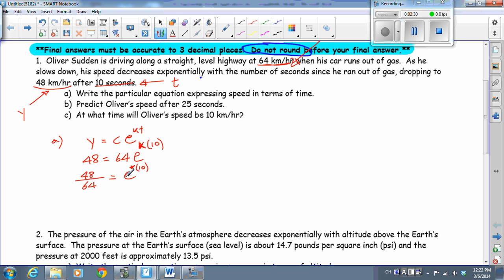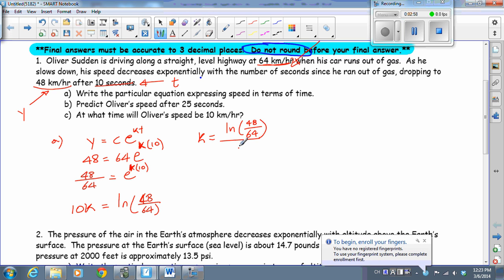From here, the opposite operation of e is natural log, so I'll apply the natural log to both sides to get 10k is equal to natural log of 48 over 64. So to get the exact value of k, I will say k is equal to the natural log of 48 over 64, which you will divide by 10.